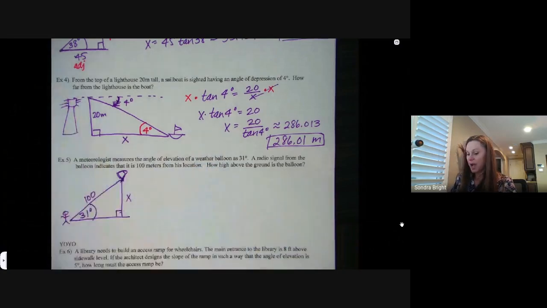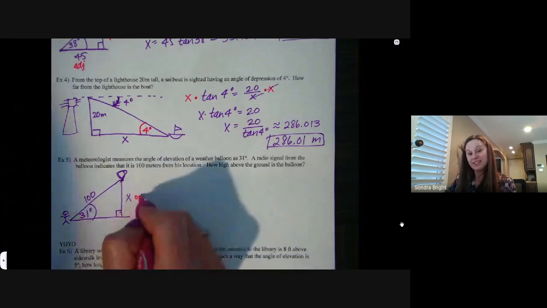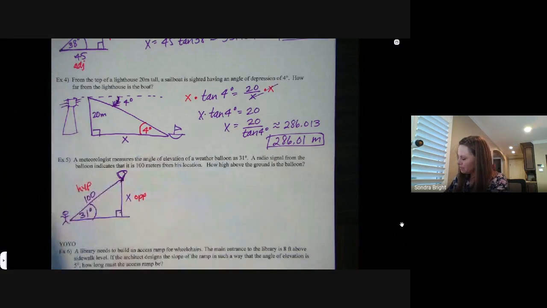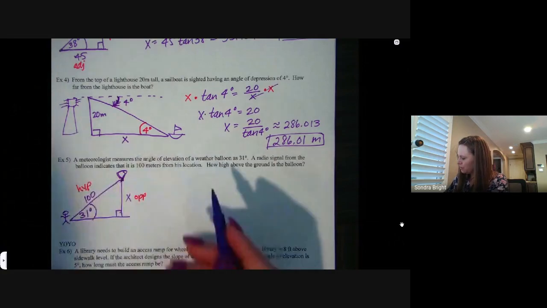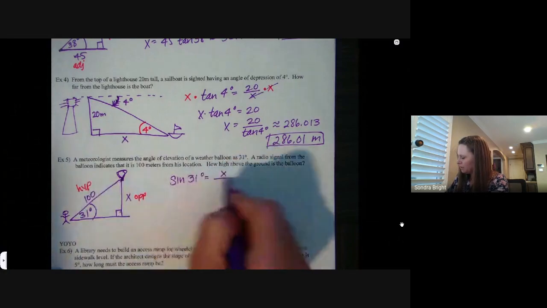All right. So what do we have here? I've got opposite and hypotenuse this time. So now I'm not going to use tangent. I'm going to use sine. Sine of 31 degrees is x over 100. Solving for x, you just need to multiply 100 times both sides.